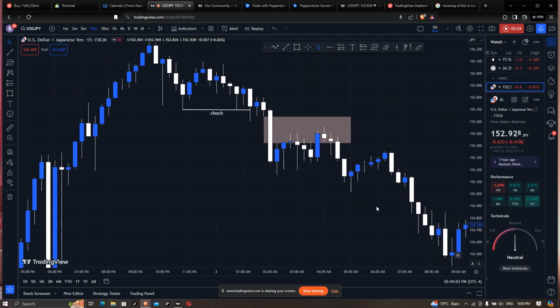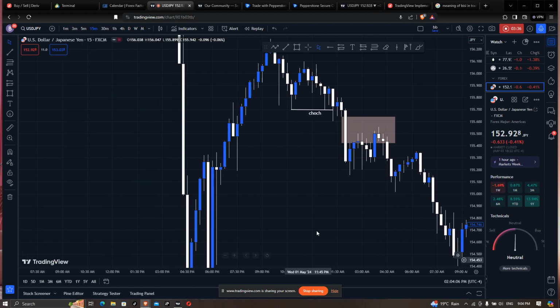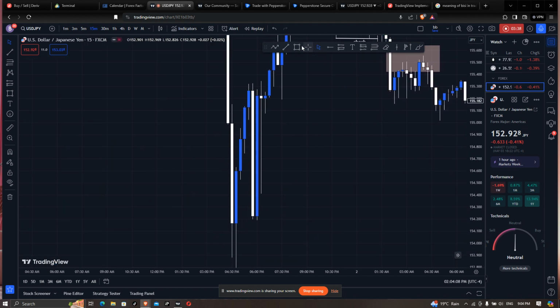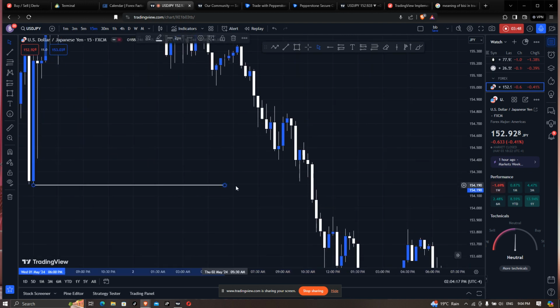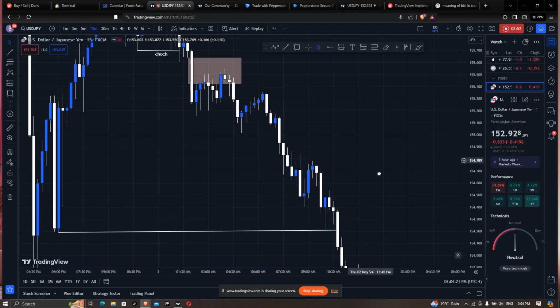And then in this case, your take profit level should have been this, could have targeted this low. This is a sell side liquidity, and this was a perfect trade if you entered from the fair value gap.